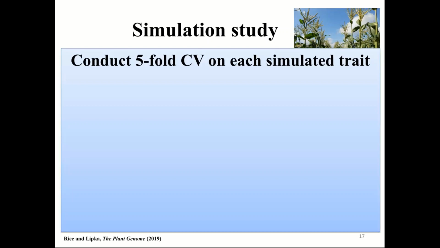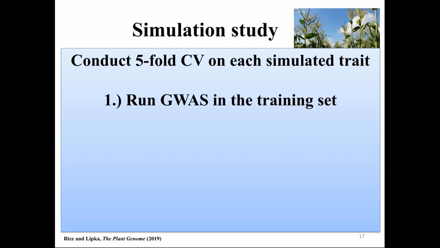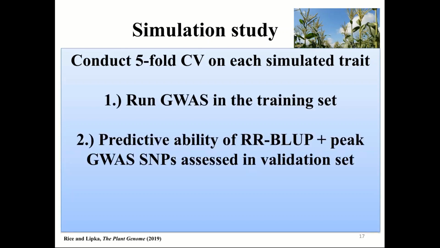So here's the elaborate pattern that we did to evaluate prediction accuracy. For each simulated trait in each species, we would run GWAS in the training set, and then we would assess the predictive ability in the validation set of an RR-BLUP model plus a predetermined number of peak-associated GWAS markers from this GWAS.